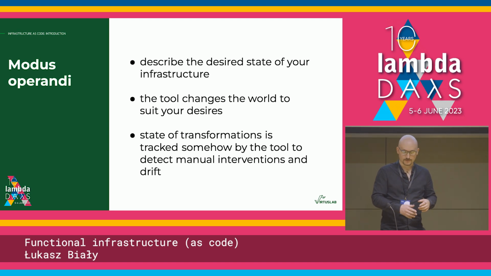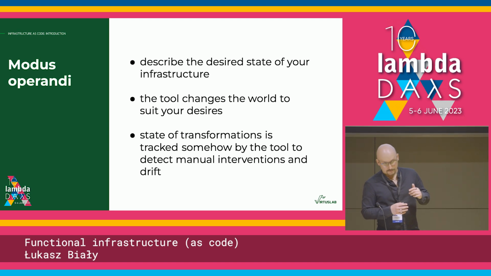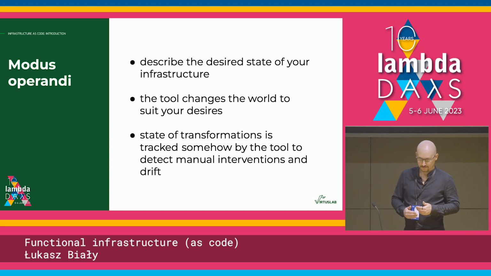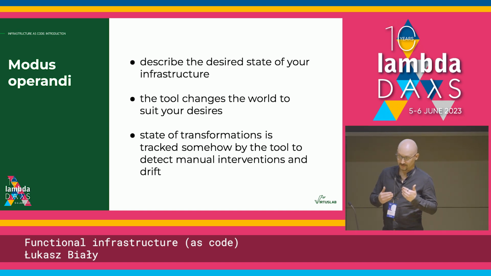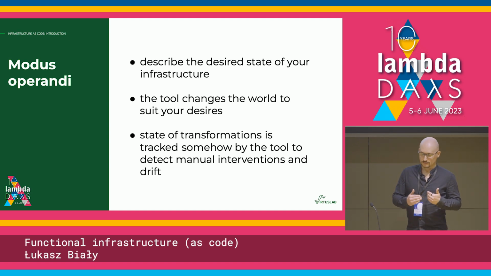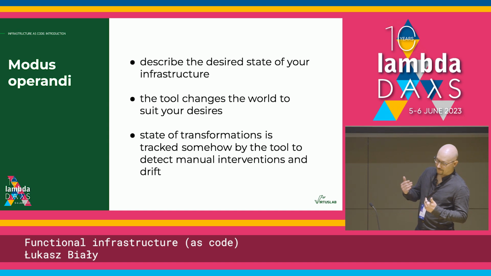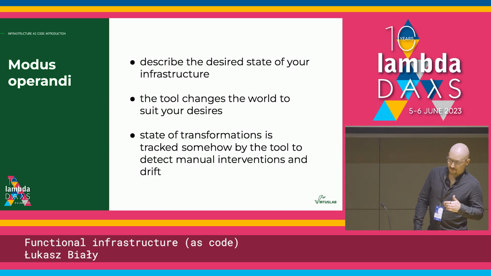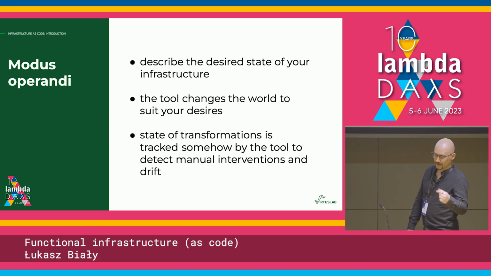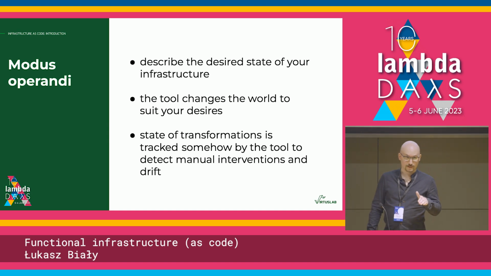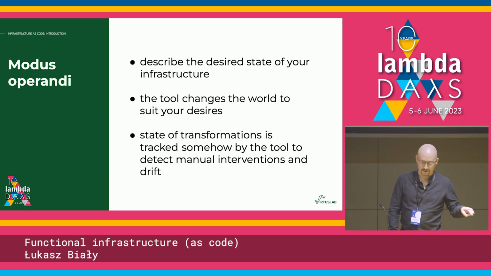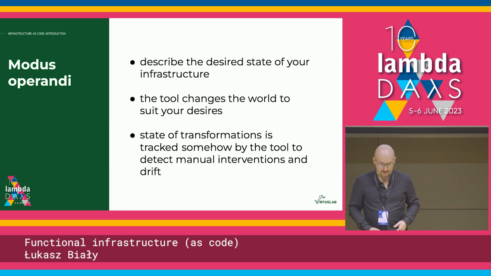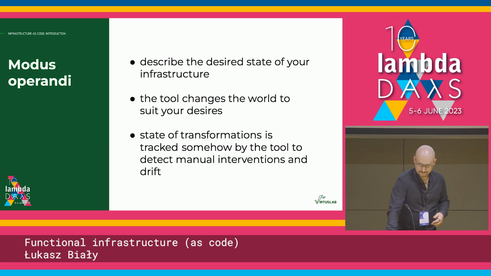It matches what you wanted. And most of those tools also track the state of transformations that they apply to be able to detect when something is different from what they expect that to be. So if for instance, somebody did a manual intervention, those tools, at least some of them, try to find out that, okay, that doesn't really look like when I was last touching it. So it also keeps the state of the transformations.